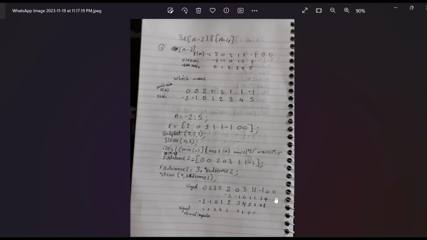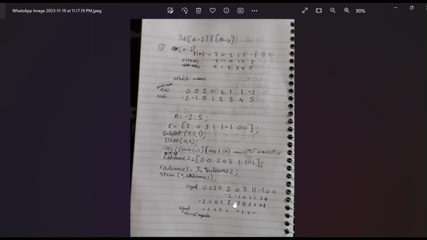We always do the unit impulse such that at 0 it will be 1, and elsewhere it will be zeros. Now it says it will shift 4 to the right, which is n minus 4, which means at 4 it will be 1, elsewhere it will be 0. So over here, this is the old x-axis, -2, -1, 0, 1, 2, 3, 4. And now if I shift it by 4, it will be 2, 3, 4, 5, 6, 7, and 8.